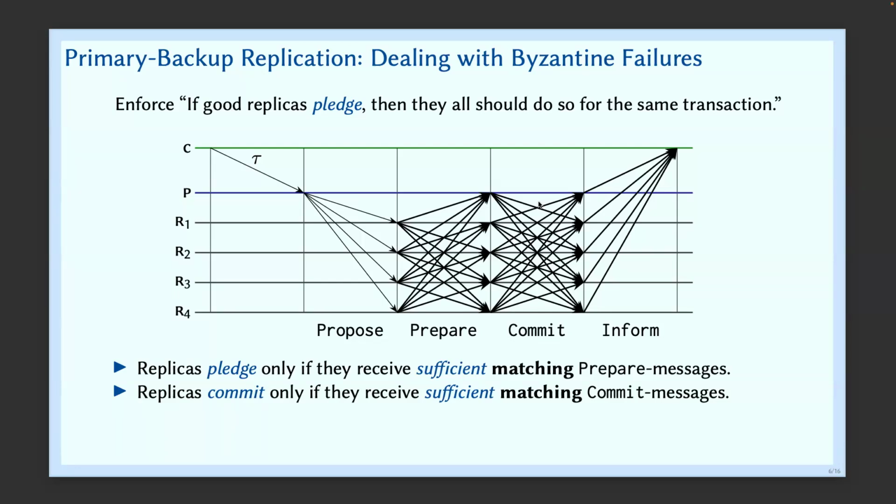So you have F bad ones which tell you 0. You have F bad ones which tell you 1. You have F good ones who got 1. So this is 2F. This is also 2F. And then you have one more good replica. Where do you want to put it? Whichever side you put it, the other one is not going to have a quorum. Oh, got it.